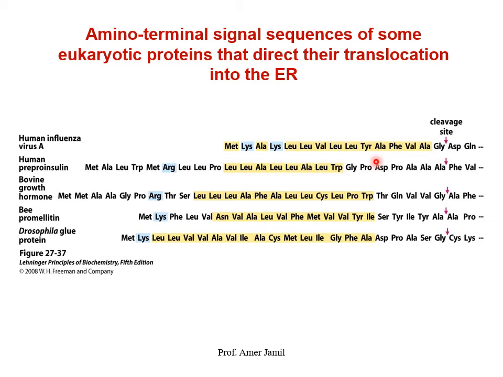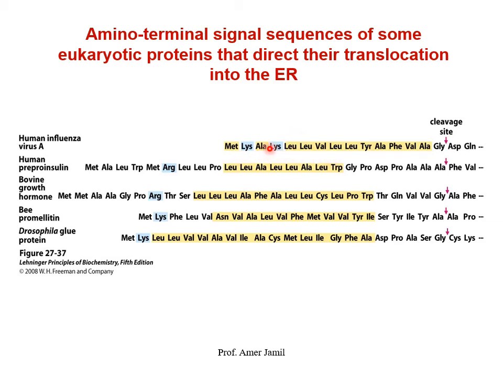If the proteins have to be transported to some other place within the cell, like in eukaryotes to some other organelle, or it has to be transported out of the cell or into the plasma membrane, or in case of bacteria into the periplasmic space, how are these proteins directed to their destination? This is with the help of this sequence which is present.